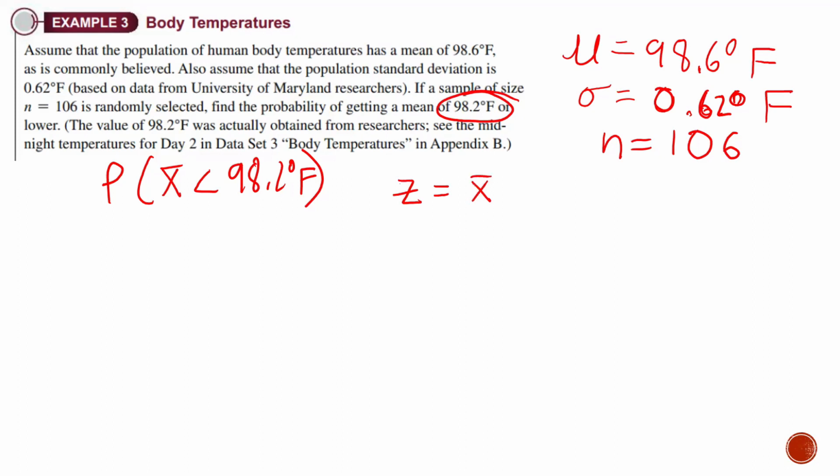z equals, and do I divide by the standard deviation or by something else? I never said that. That's the variance equal to the variance though.